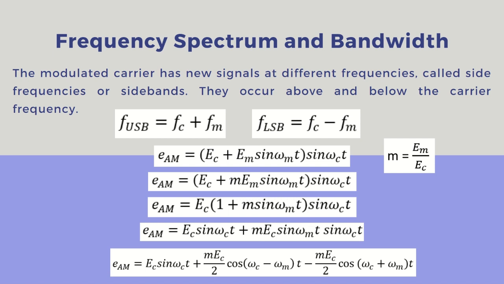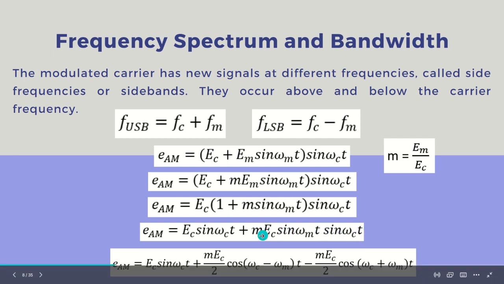If we apply this to these two terms, our equation will be changed as EC sin omega CT plus M EC by 2 cos of omega C minus omega M into T minus M EC by 2 cos of omega C plus omega M into T. So what we are doing is converting this part of the equation, which is in the form of sin A sin B, to the format that is given below.